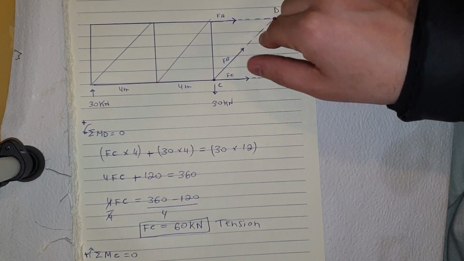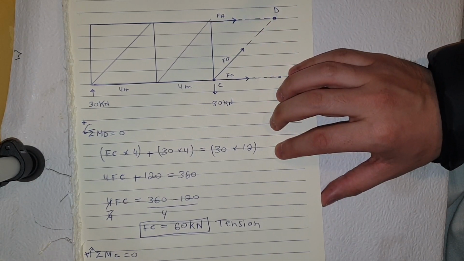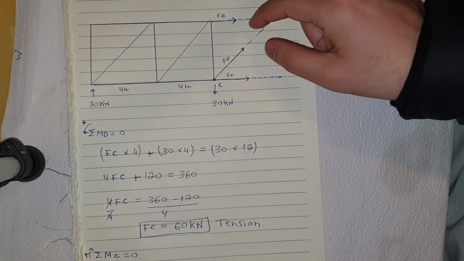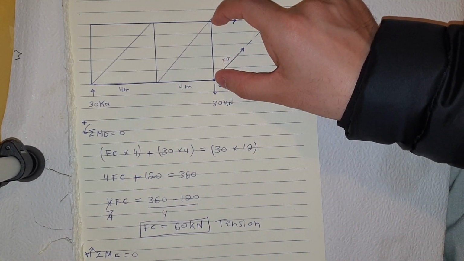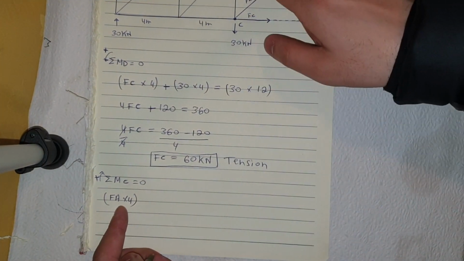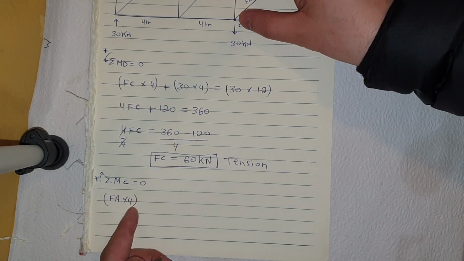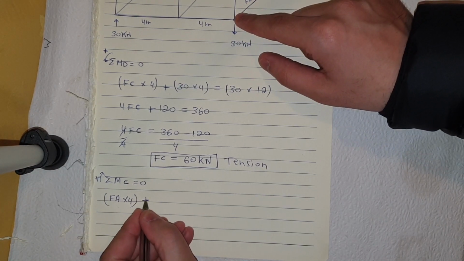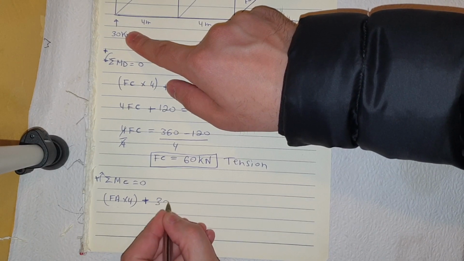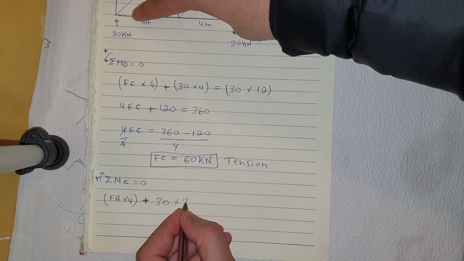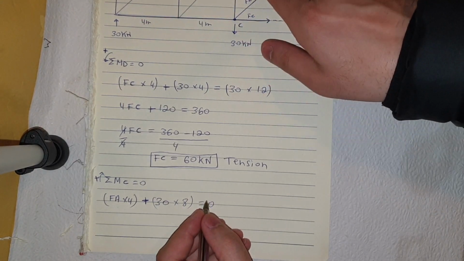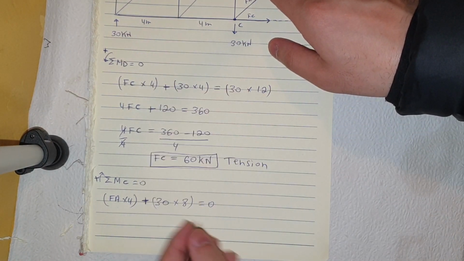So FA times the distance, which is 4 meter, because it's acting clockwise, plus 30 times the distance, which is 8 meter, is equal to 0, because FA plus 30 is acting clockwise.